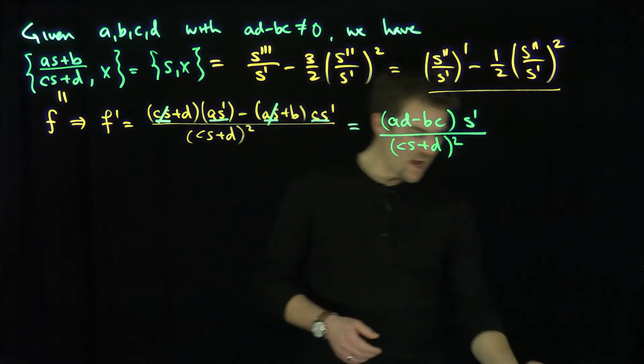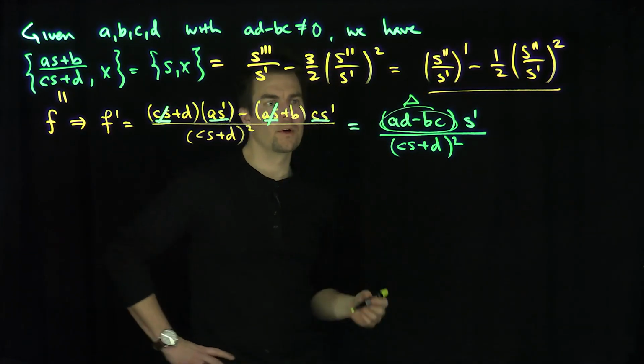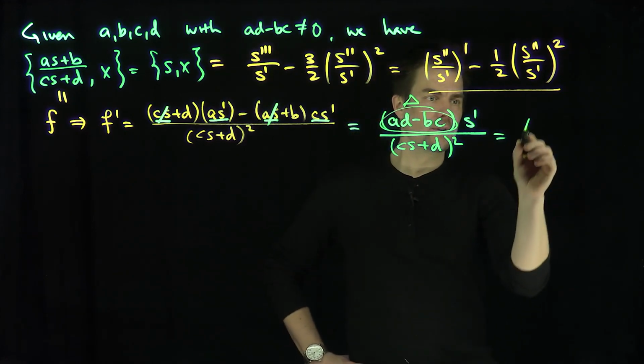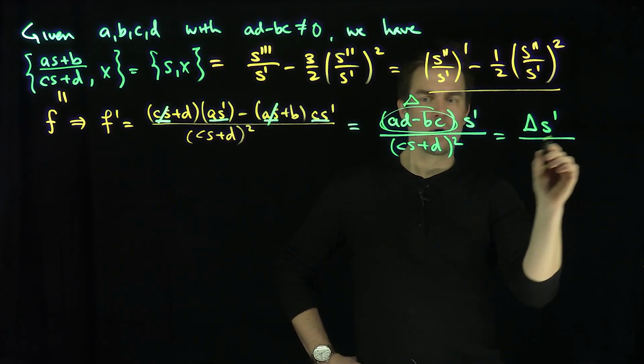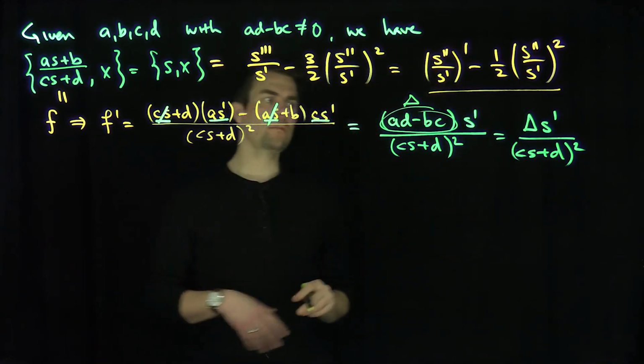Beautiful. Now for notational convenience, I'm going to call ad minus bc delta. So f prime is equal to delta s prime over cs plus d quantity squared. Excellent.